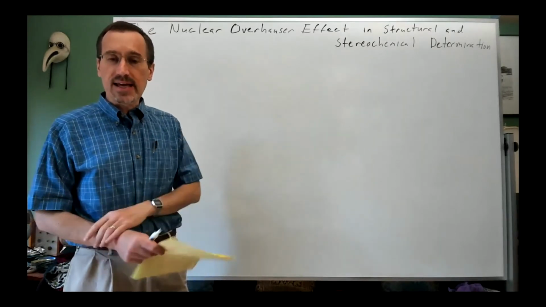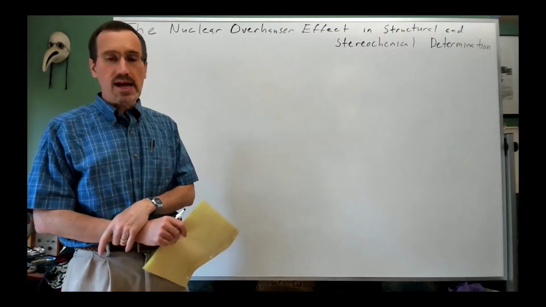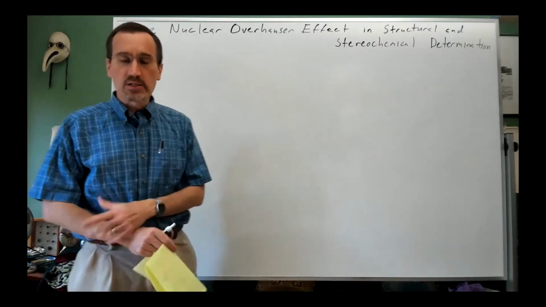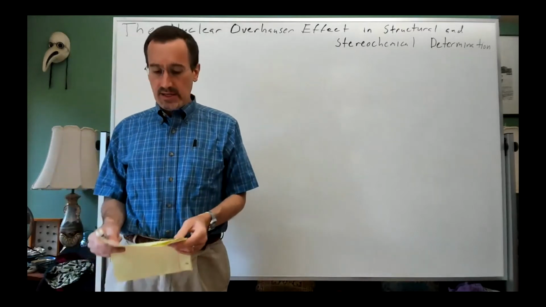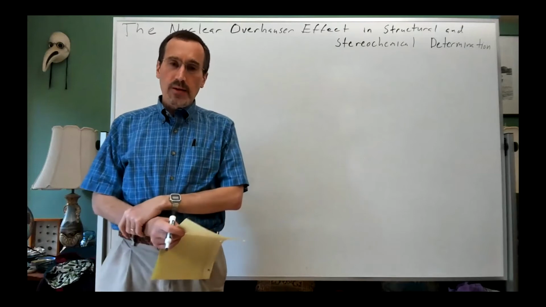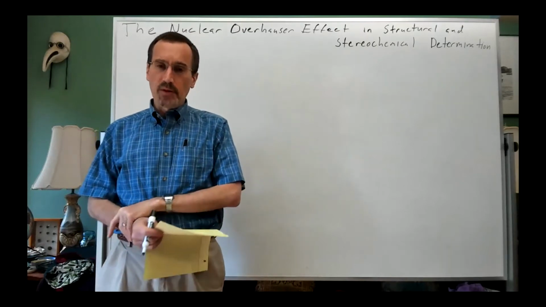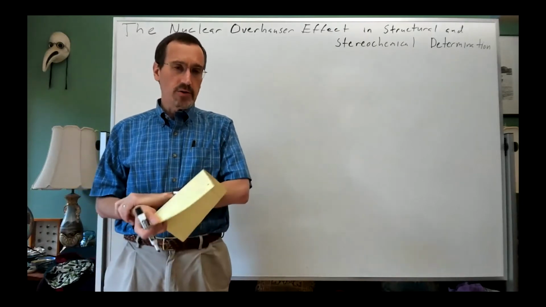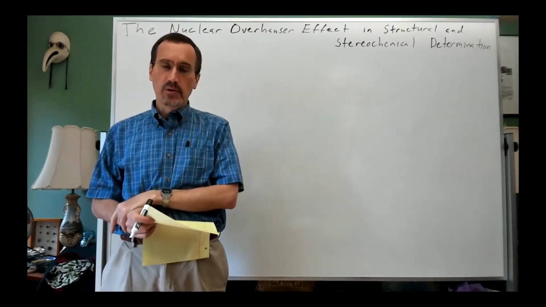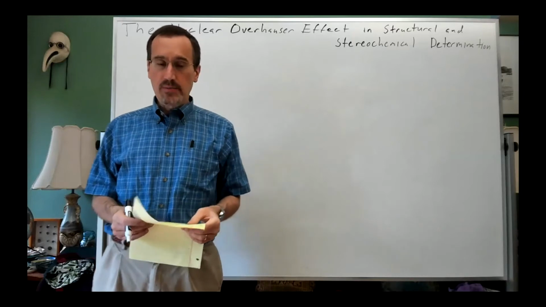You're asking, am I getting the endo product or the exo product? Or often you'll have a mixture of two products, two diastereomers, and you'll want to determine which is which. And we saw in certain cases, coupling constants can be incredibly useful when you know the conformation of the molecule. They can be very valuable.